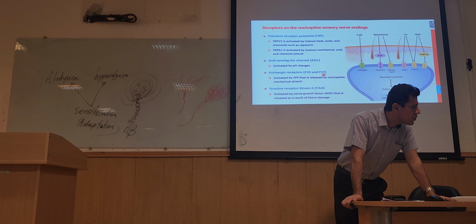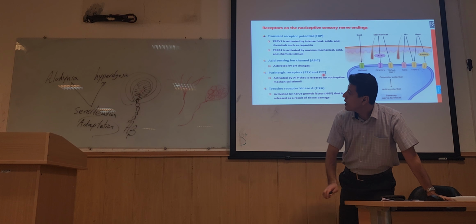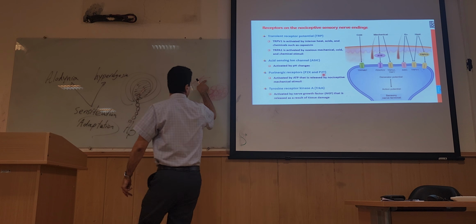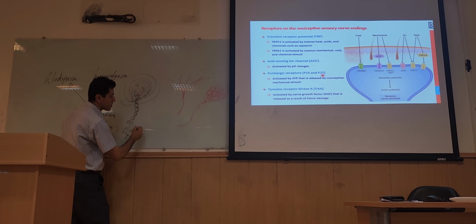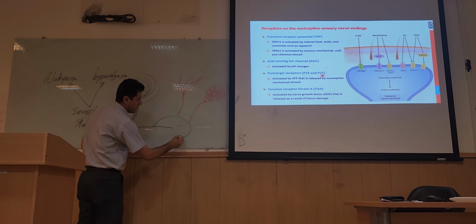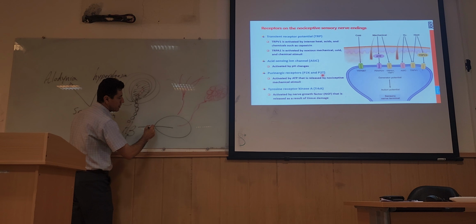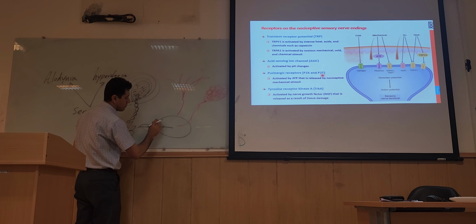Actually, this figure shows different types of channels and receptors in the membrane of this nociceptor. Remember, I told you before about the Pacinian corpuscle, right? There is a capsule here, this one is myelin.